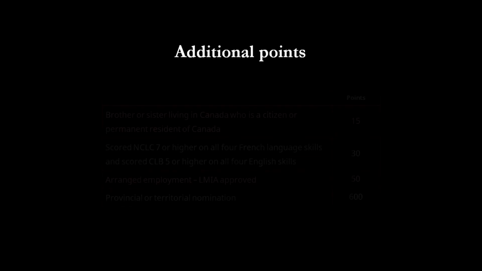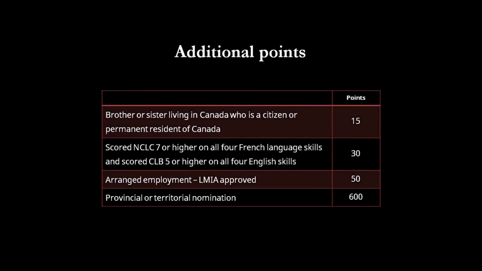If you have a sibling, that is, a brother or sister living in Canada who is a citizen or permanent resident of Canada, you get 15 extra points. And if you have strong French language skills, you get another 30 points. If you have an arranged employment which is LMIA approved, you get another 50 points.